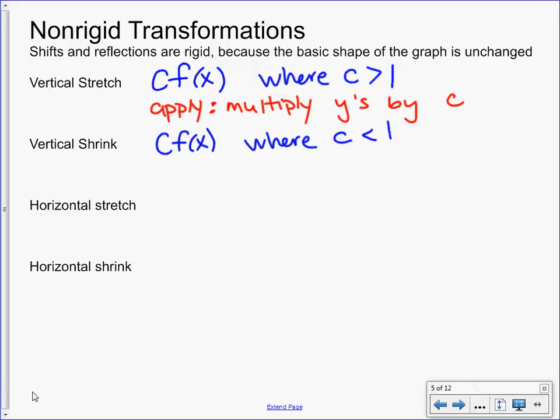So if you want to picture our absolute value that we have drawn over here, it would get wider. Same thing, our y values from our parent graph, we're going to multiply those by C, and those become our new coordinates for our new graph.